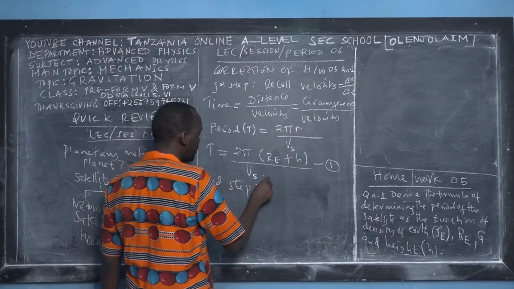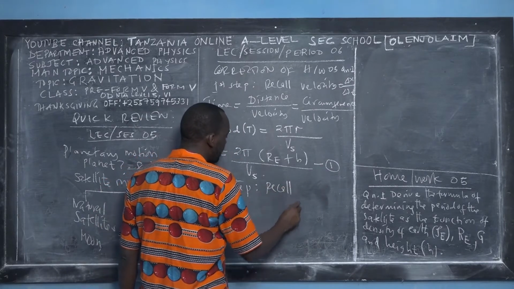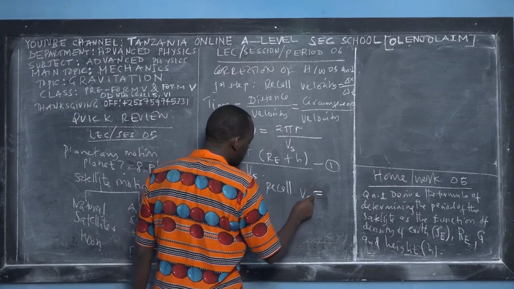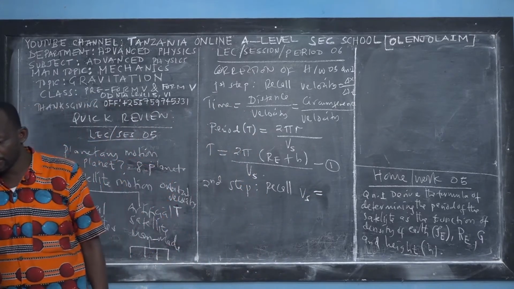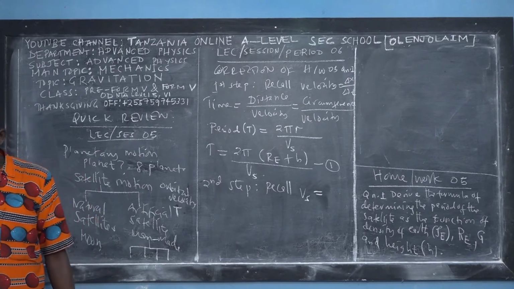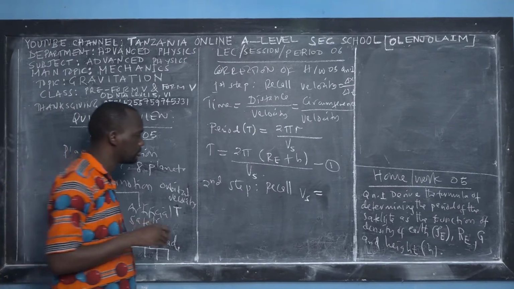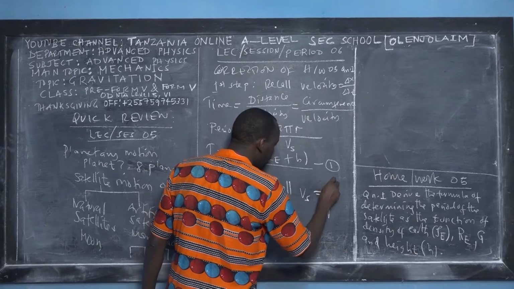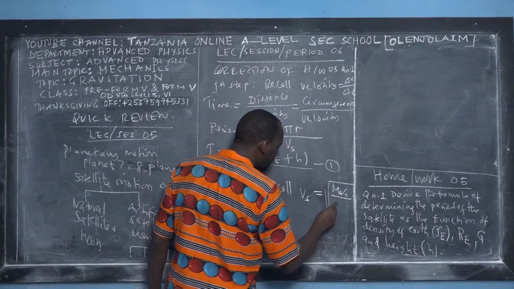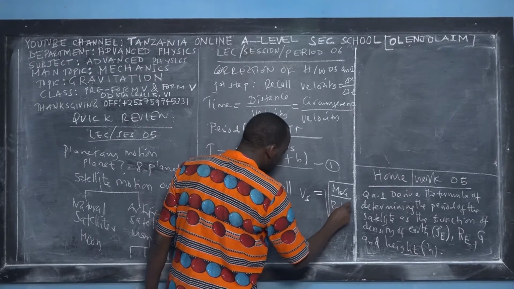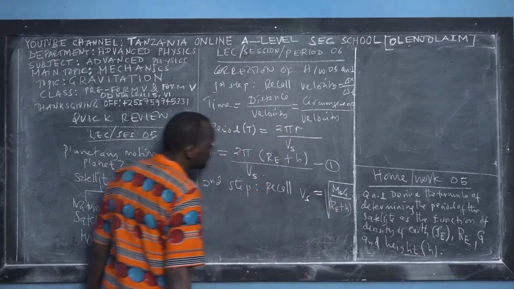The second step, I taught you how to derive the orbital velocity, okay? So you have just to recall. So orbital velocity in the previous case, for this case right now, is equal to the square root of the mass of the S times the gravitational constant, divided by the radius of the S plus the height h.